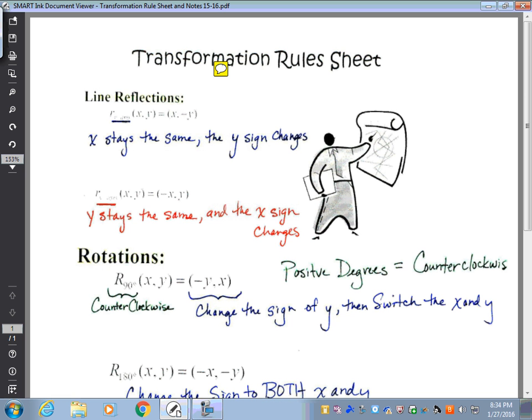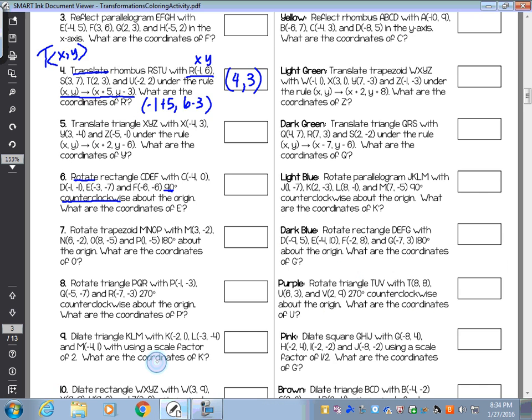So there is the reference sheet if you want to use that. Okay, so the rule for rotating 90 degrees is negative y comma x, or first change the sign of y and then switch x and y. Since we're doing that for point E, then we should know that we would get 7 comma negative 3.